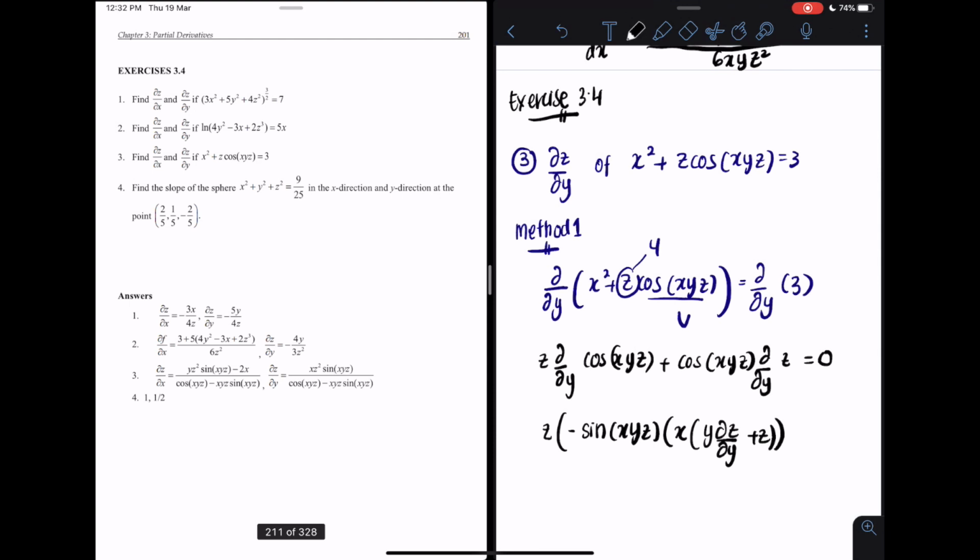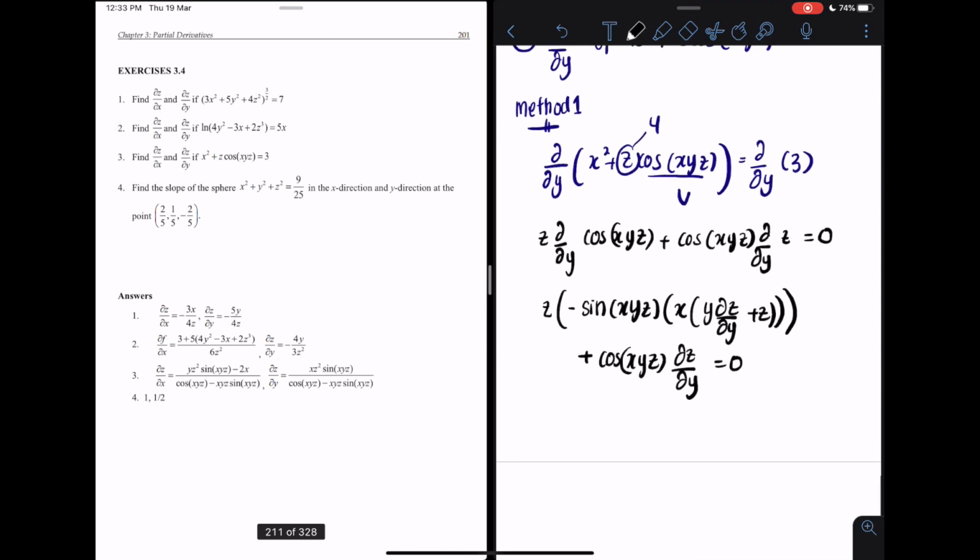Don't forget, you still have to solve the rest of it. And then I will have plus cosine xyz del z del y equal to 0.